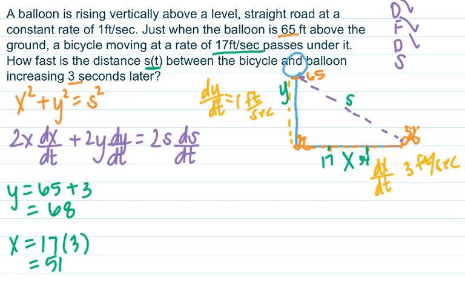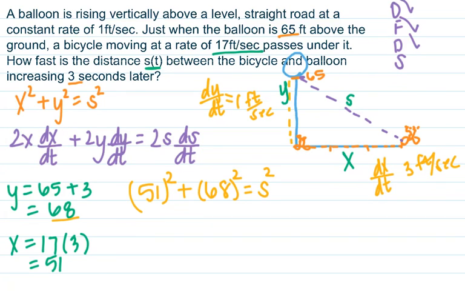Now we have our x and our y, so based on the Pythagorean theorem, we can solve for s, our hypotenuse. And of course, we'll just use this formula right here to solve for s. So x squared plus y squared equals s squared. If x is 51, we're going to say 51 squared plus y, which is 68, 68 squared is equal to s squared.